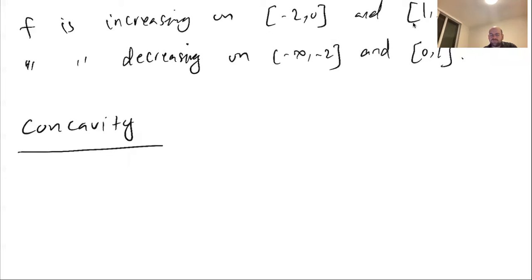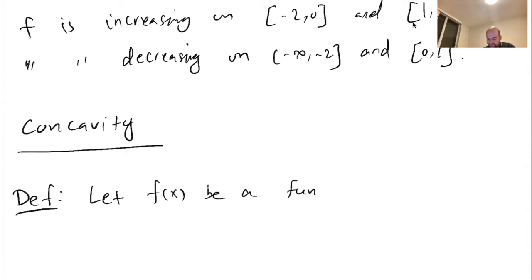So let's see when can we say that a function is concave up, and when can we say that the function is concave downward. So definition: let f of x be a function with, let's say, domain a to b.